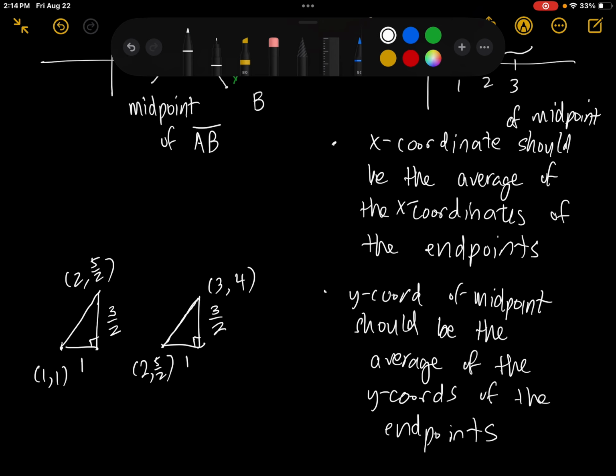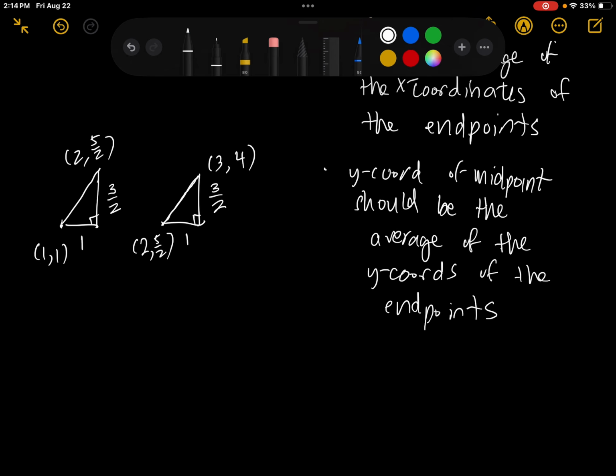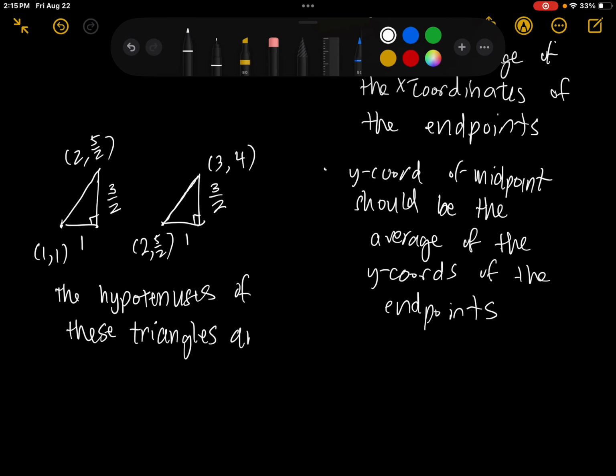So we have two right triangles, and the two legs are the same length. That means that the hypotenuses of these triangles are equal.